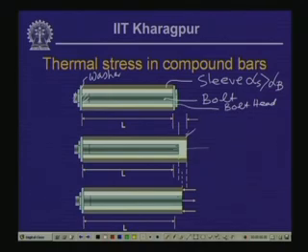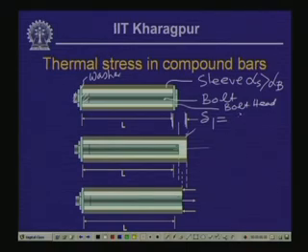Let us say that the expansion of the sleeve from its original position is delta 1. This was the original position and it has moved to this particular position. So, the distance that it is moving is delta 1, which is due to the change in the temperature.